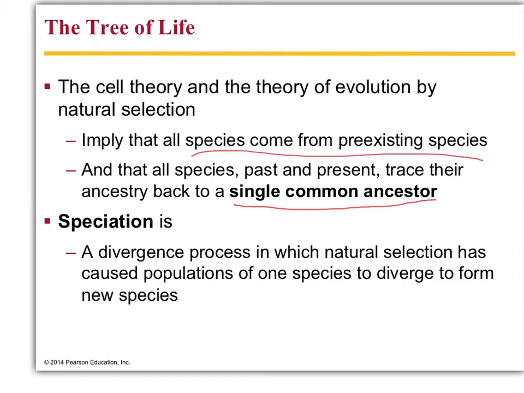And since then, over the last 3.5 billion years, you have the process of speciation through divergence. Natural selection has allowed for all the different species to emerge over the last 3.5 billion years. Pretty cool stuff, if you ask me.